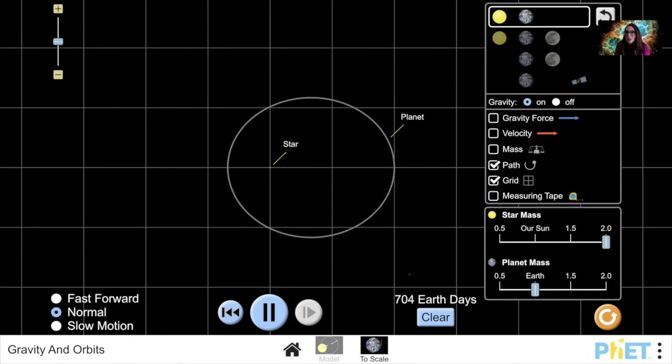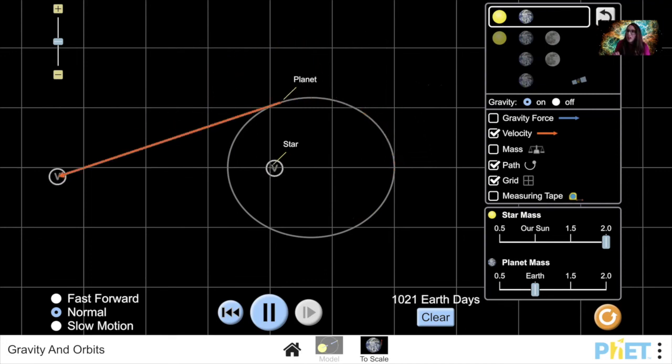And we can also see Kepler's second law. Kepler's second law talked about how when a planet gets really close to the star, at perihelion, that planet orbits that star much more rapidly than it does when it's at aphelion, its furthest distance away. And we can see that if I click on the velocity vector for the planet.